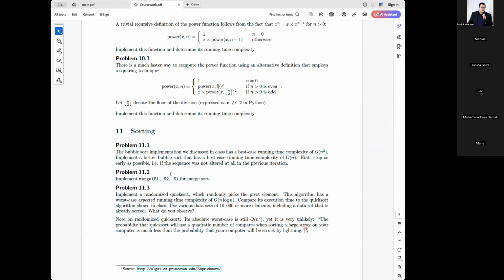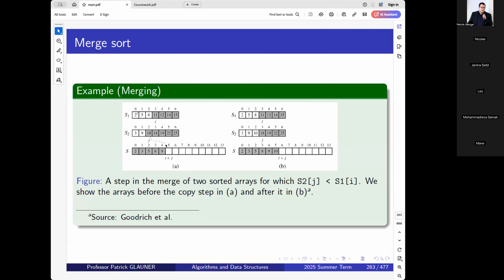I will show you next how you can implement merge sort, but it needs a helper function, which is the merge function. And this is your task to implement, but it's just a few lines of code. It's not that difficult. And it's already visualized here quite well that you need your indexes I and j and read.